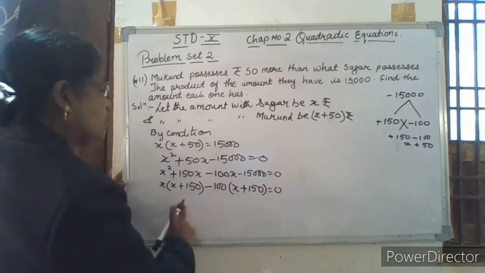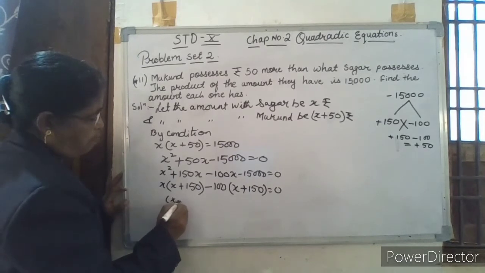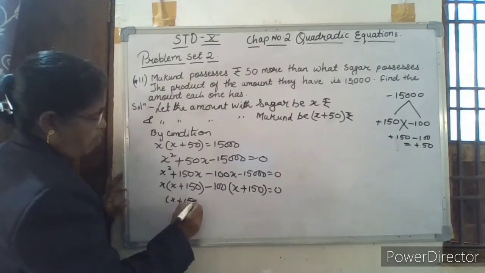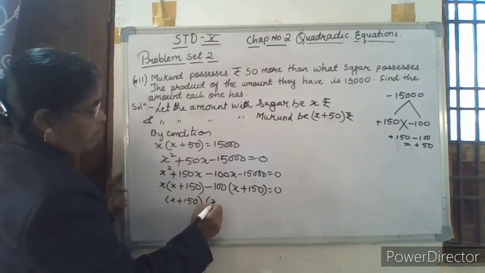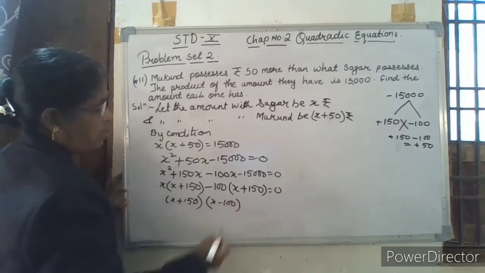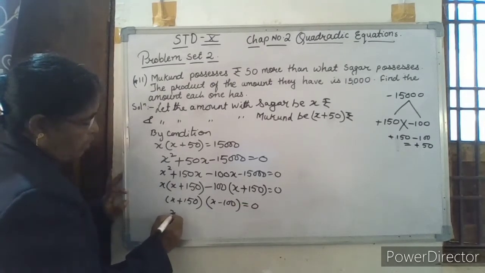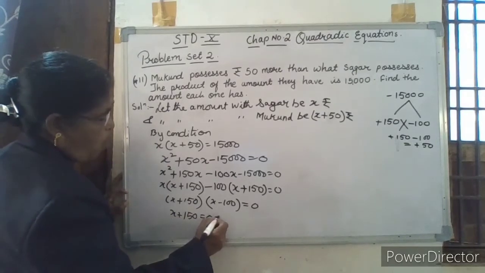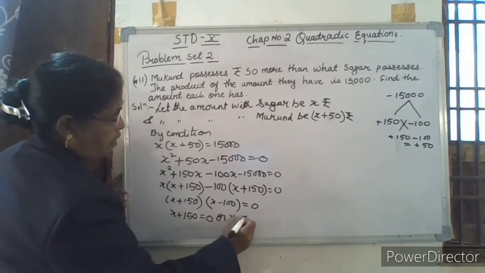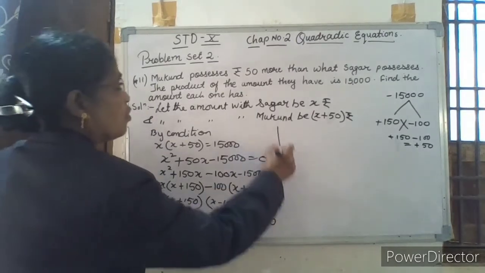Now, we got the same factors. So x plus 150 is one factor. The other one, x minus 100, is the other factor, equal to 0. So we can take x plus 150 is equal to 0 or x minus 100 is equal to 0.